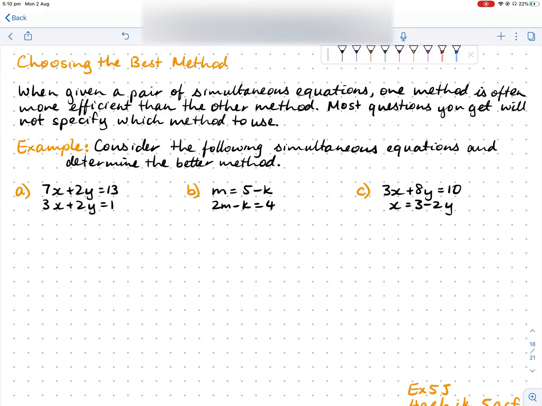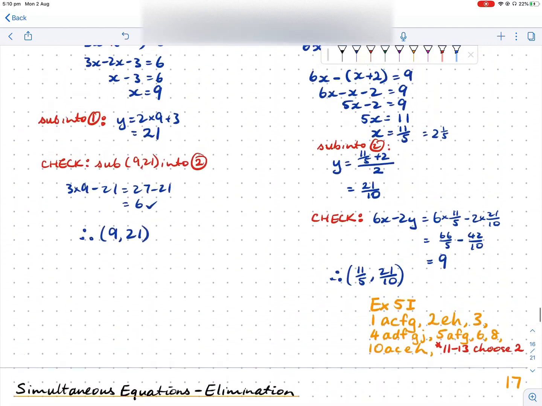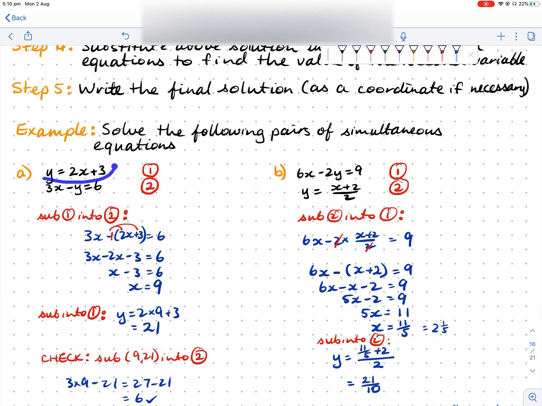We want the x's lined up, the y's lined up, and the numbers lined up to some extent. If we're looking at substitution, if we scroll back up to where we were doing this substitution stuff, what we wanted to have was one variable as the subject.